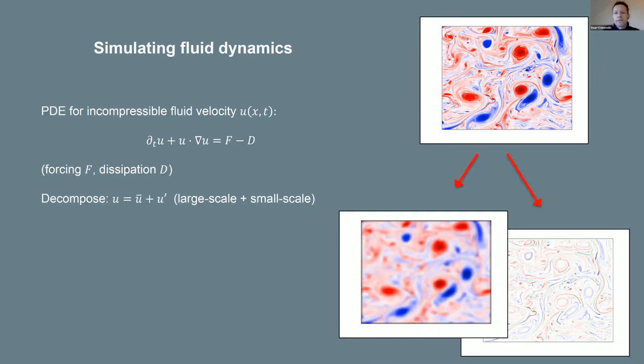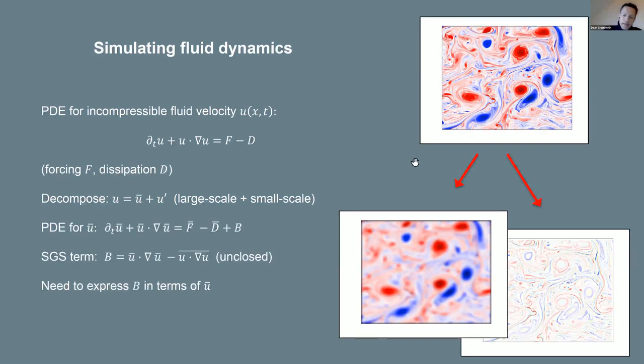On the right, I've shown what that could look like, in a very simple way of making this decomposition, for the vorticity field that I showed on the previous slide. Here's the full field at the top, and at the bottom left you see what looks a little bit blurry, as if you should put on your glasses, but it's really the large scale flow field, and then all the small details that are left out compared to the full field are here.